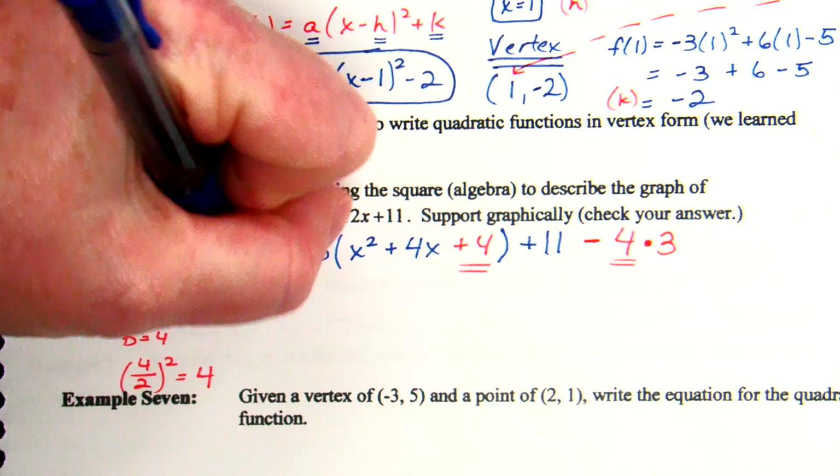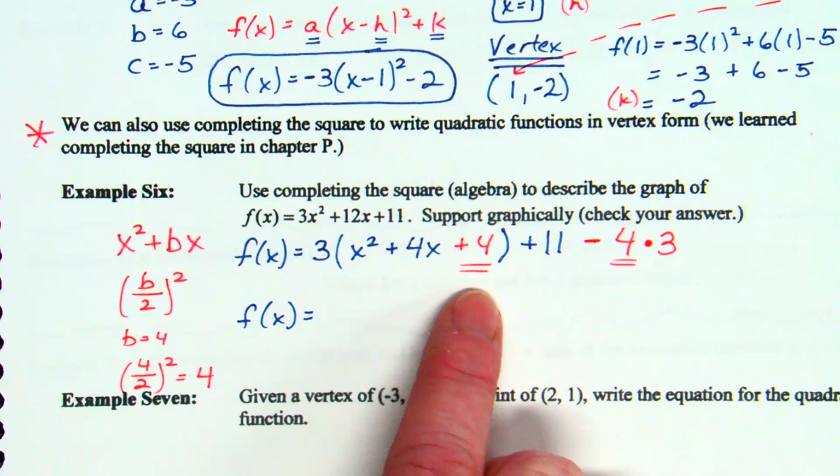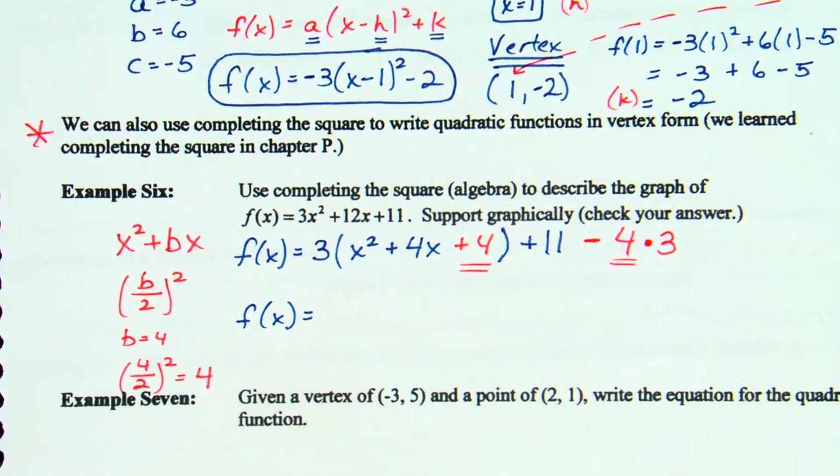Okay. We just have one step left. And that's just the whole idea of completing the square, remember, is that these parentheses will factor. Anytime you complete the square, your next step is to factor that piece into 2 matching parentheses. So think about x squared plus 4x plus 4.